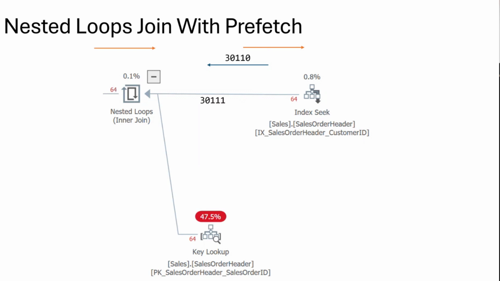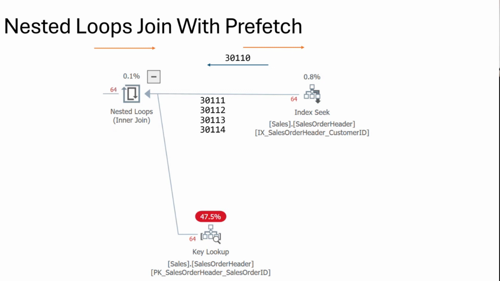So while customer ID 30110 is being processed by the nested loops operator, SQL Server concurrently initiates asynchronous I/O operations to fetch pages from the disk into the buffer pool, pages that meet the select query's criteria. So we now have 4 customer IDs already prefetched from disk into the buffer pool.